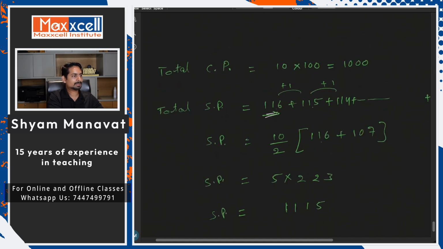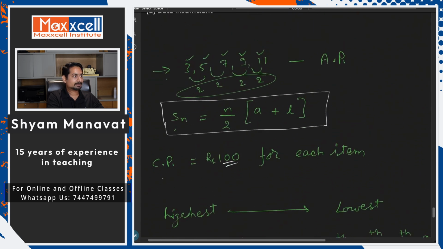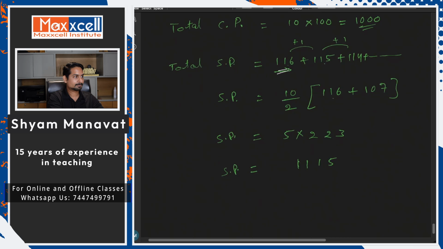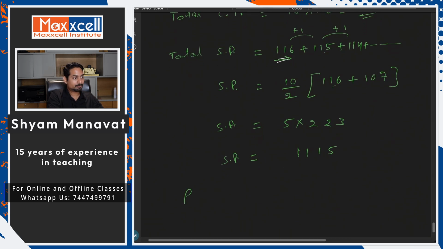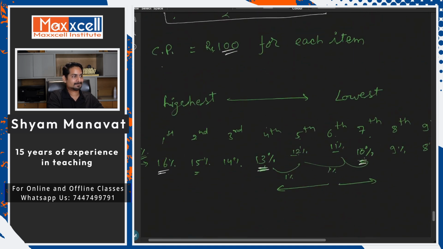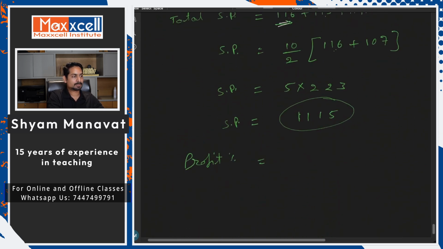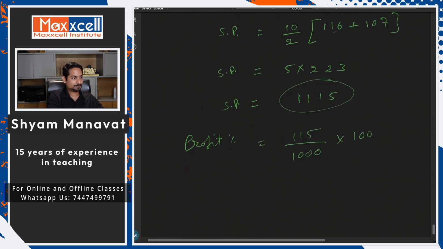Total cost price is 1000. Can you calculate the profit percent now? Yes, you can. The profit is the selling price minus the cost price, so the difference is 115, by 1000, into 100.